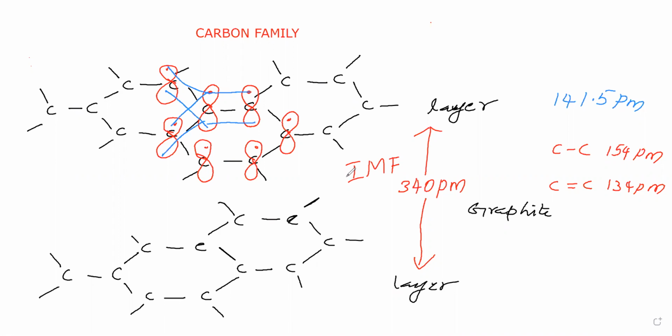That force is the weakest among the intermolecular forces. Such a weak force is there between the layers. Now the layers are present like this: layer 1, layer 2, layer 3, layer 4, like this in graphite.